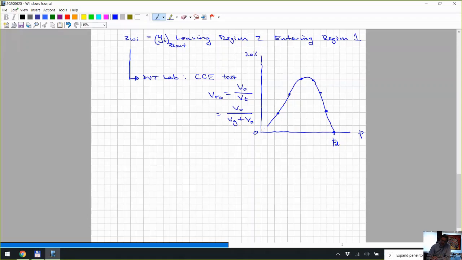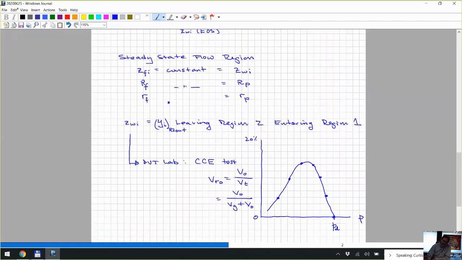Because what we're saying is that throughout the entire steady state flow region, the flowing composition, if we could go in and sample it, would be equal to what's in the PVT cell.